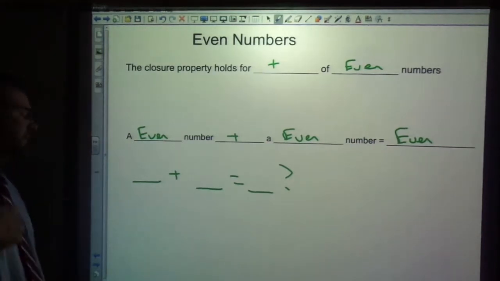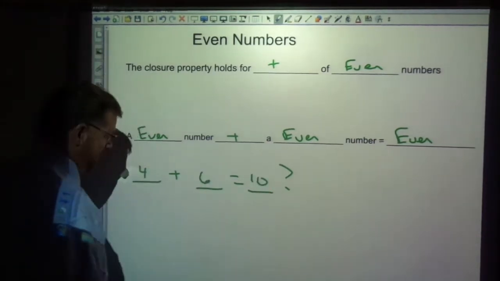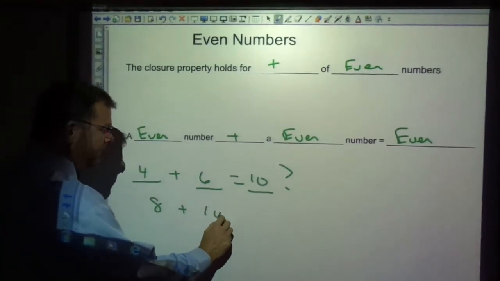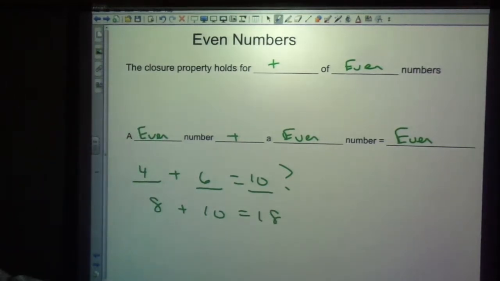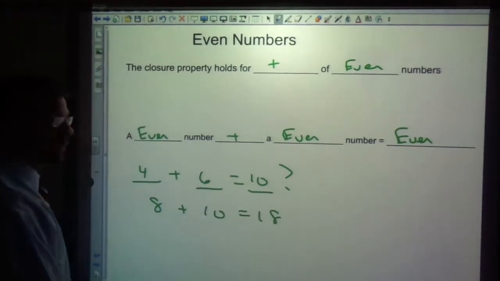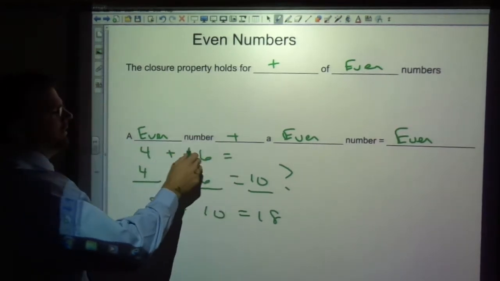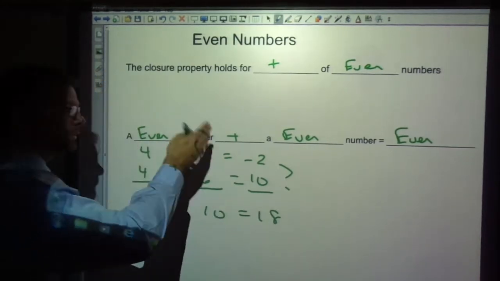So as you think about even numbers, let's say we had 4 and 6, well, that's 10. How about 8 and 10? That's 18. If I pick example after example, if I add two even numbers, will I get another even number? What about this? That's still -2, that's still even. So an even plus an even equals an even.